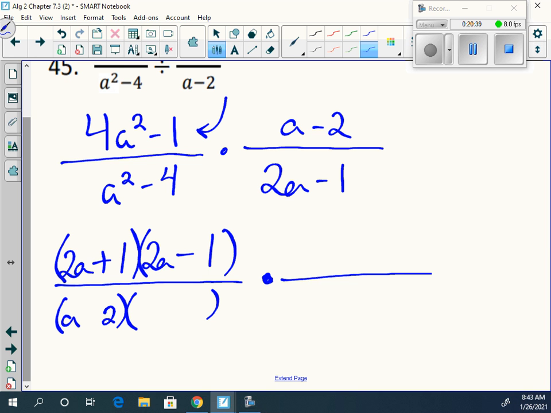So we would have A and 2, and the signs would be, so A plus 2 and A minus 2. So they're almost the exact same, but the signs are different. And it works out A minus 2 and 2A minus 1. That's as simplified as they get, because they don't have a greatest common factor other than 1.